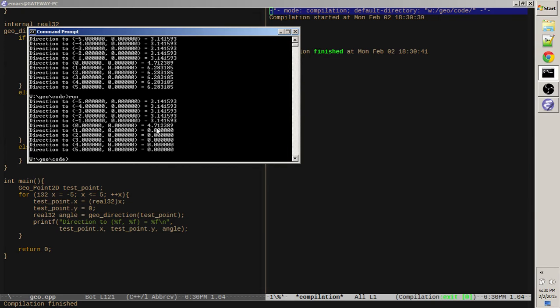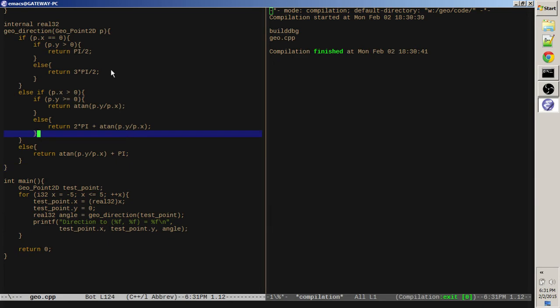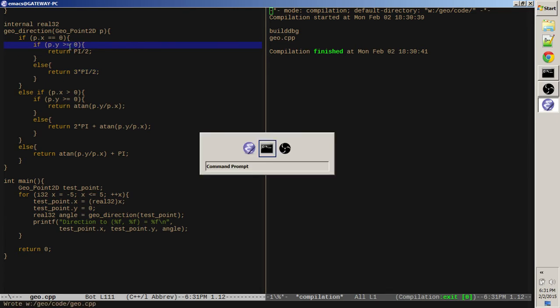So it's going from pi... this shouldn't actually be... This shouldn't be the way it is either, because look, we want this case to be a continuous line too, so that should point up instead of down now. So in this case, if y is greater than or equal to 0 is what we want.